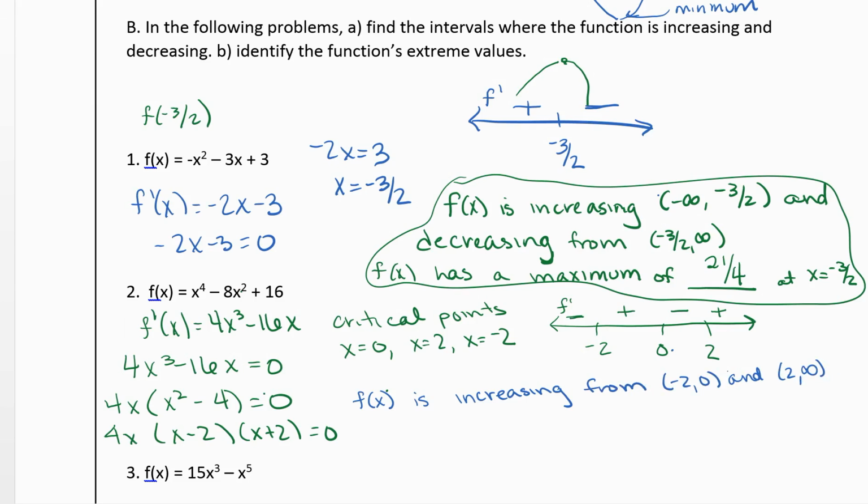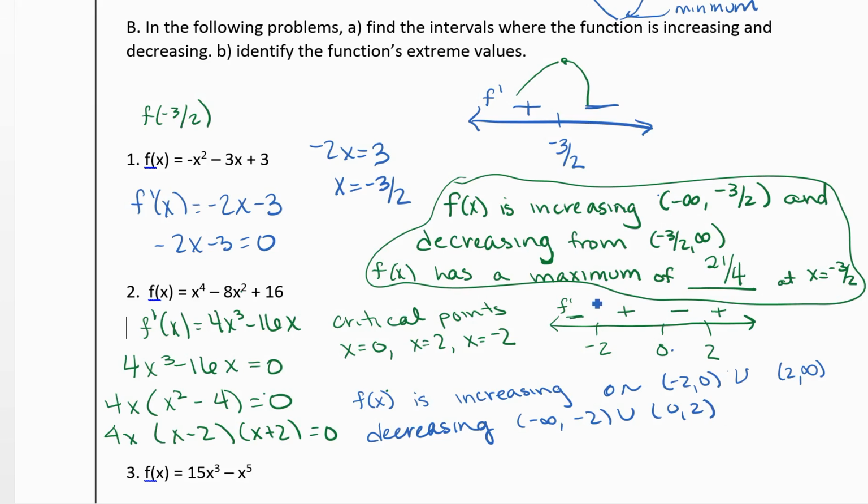Or we could just say we're increasing on the interval from negative 2 to 0 union 2 to infinity. And it's decreasing from negative infinity to negative 2 and from 0 to 2.